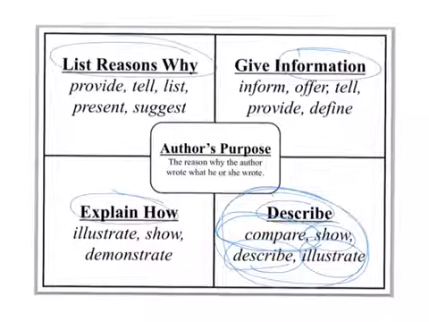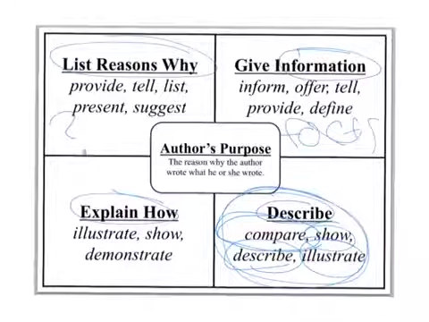So just think about whenever you are trying to figure out the difference between information, describe, explain, and list reasons why. You got to ask yourself a few questions. For list reasons why, you got to ask yourself, is it trying to get me to do something? For information, is it only giving facts? Or is it giving some opinions? If it's giving opinions, then it's probably not giving information fully.